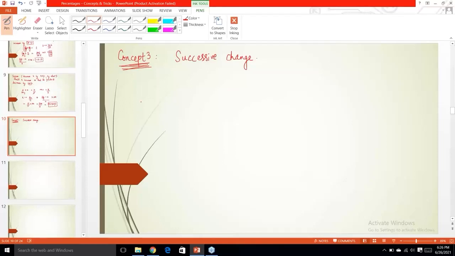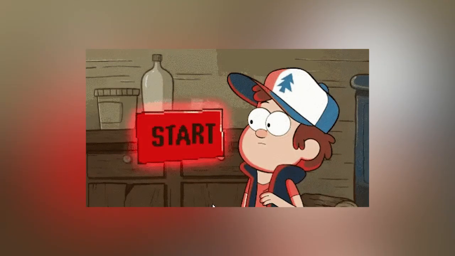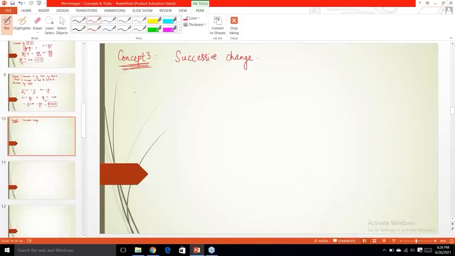So let us start off with a very basic example. For example, let's say there is a number called 150. Suppose I increment this number by 20%. What does the new number become?